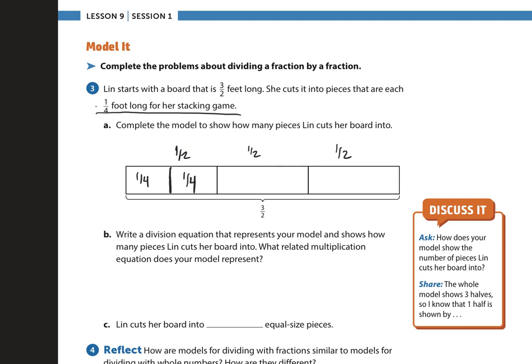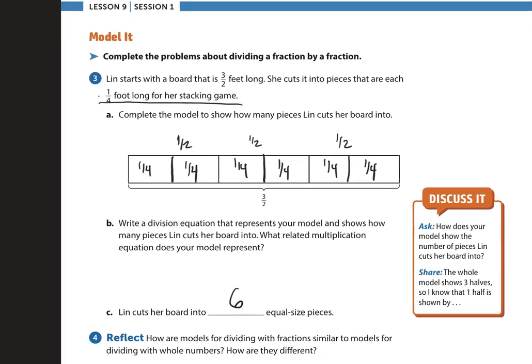And if you know your math, you know that 2/4 equals 1/2. So now I have this divided up. And we can see that Lynn cuts her board into 6 equal pieces. I just answered problem C at the bottom.